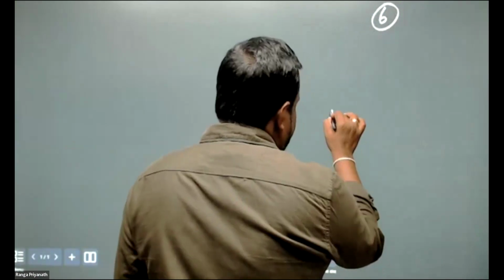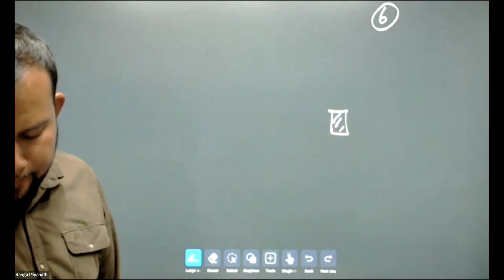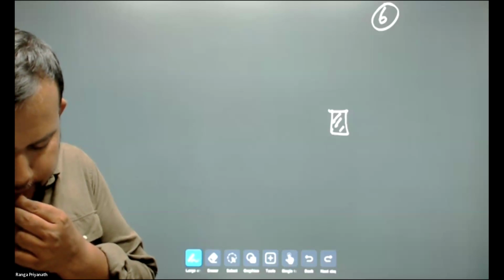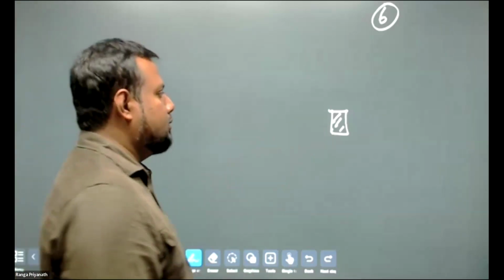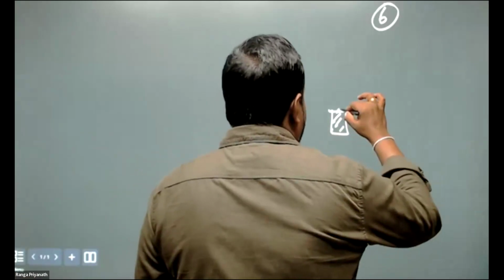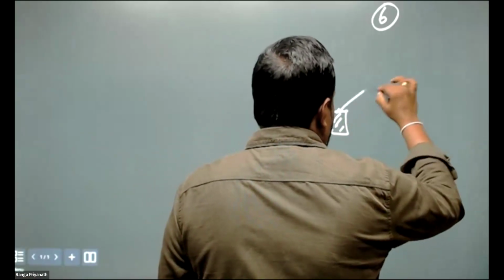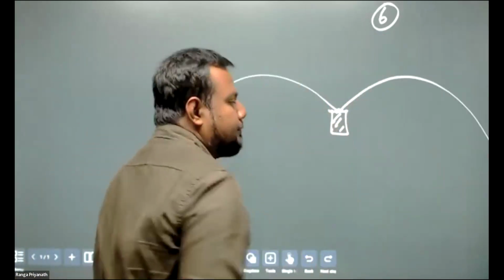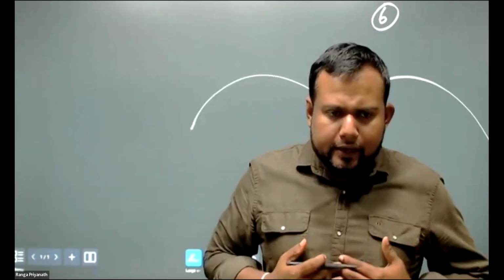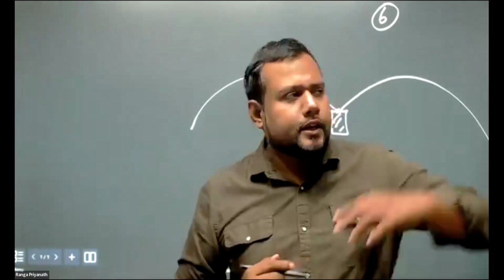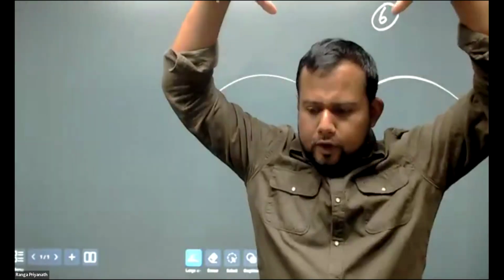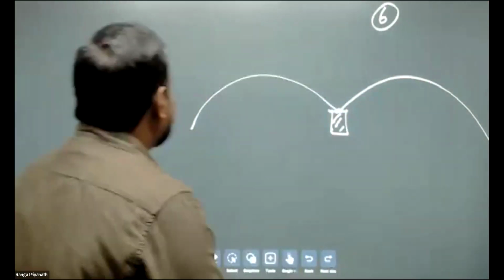So let's say this is the sprinkler install location. It projects the water droplets in every direction. If you look from the top, it is like a circle.